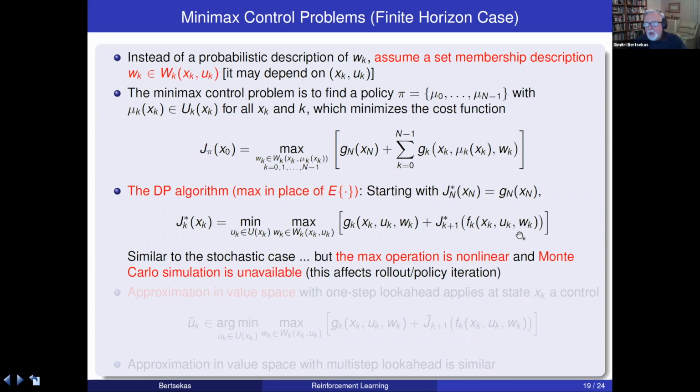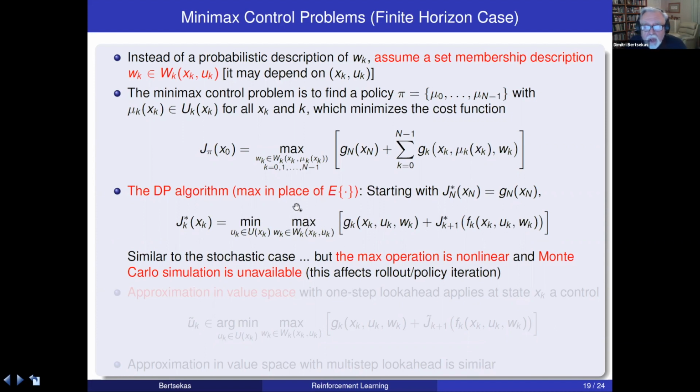It has a linearity property. It's a linear weighted sum, weighted by the probabilities of the distribution. Now, the maximum operation is not linear, it's nonlinear. That's one thing. And another thing is that whereas you could compute expected values by using Monte Carlo simulation, this is not possible with maximization. You have to solve an optimization problem.